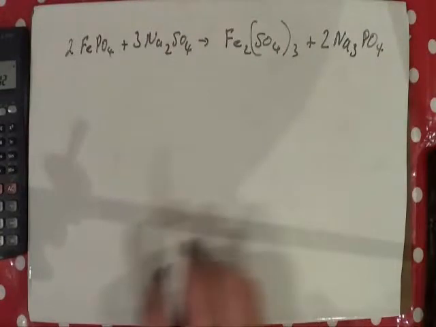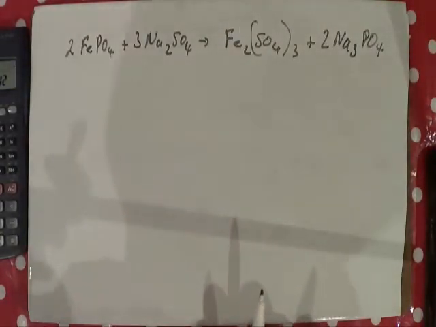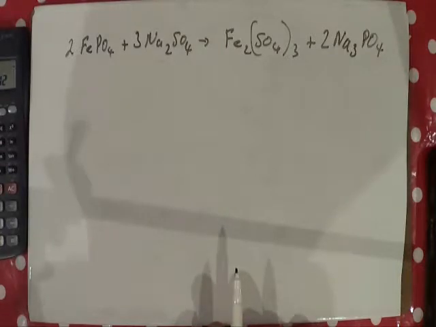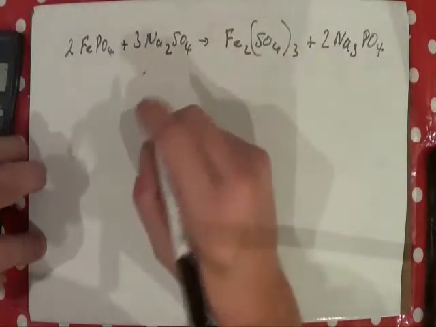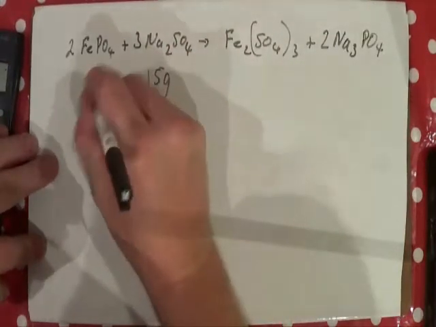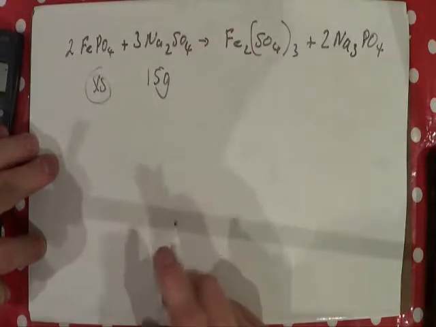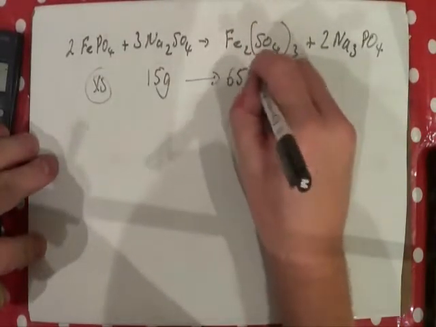Right, so we'll stick with this equation for a little bit. Let's say the examiner says this time I start off with 15 grams of that, and we'll assume that this is in excess. We get a 65% yield.